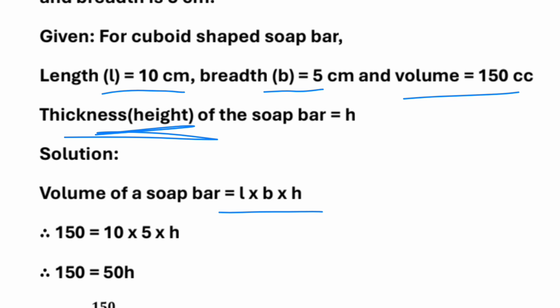Now we put values. Volume of soap bar, that is 150 cubic centimeter, then value of L, 10 centimeter, then into value of B, 5. And we don't know value of H, so we write as it is. Means 150 is equal to 10 into 5 into H.